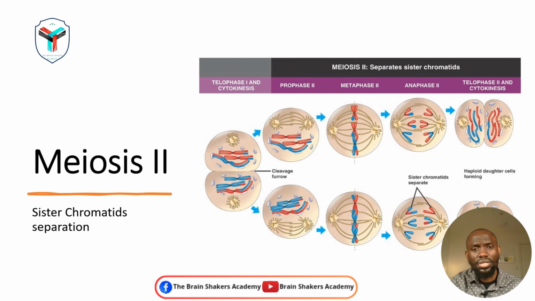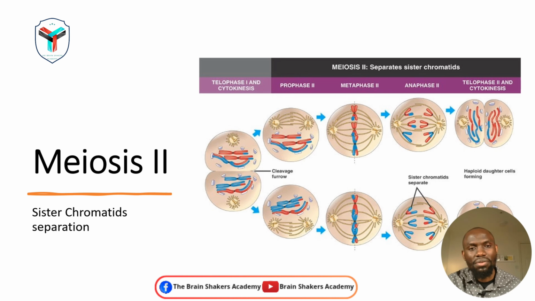And you also notice that meiosis 2 is where the sister chromatids are going to be separated. Now, each of the sister chromatids will possess within them the genetic material that they obtained during the process of genetic recombination.